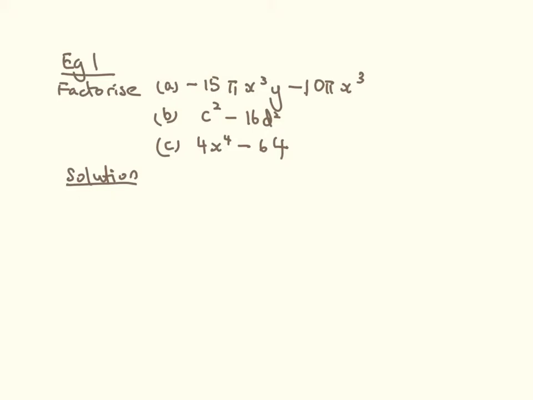Okay, now let's go through example 1. Example 1 will concentrate on the factorization of two terms. If you were to notice, in all these examples there is one term subtracting a second term, two terms separated by a minus sign.